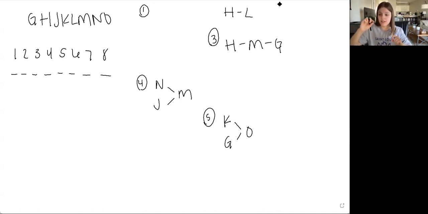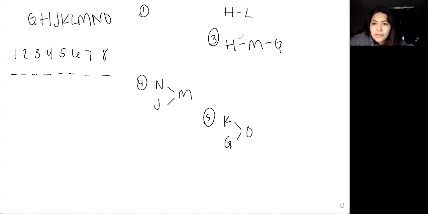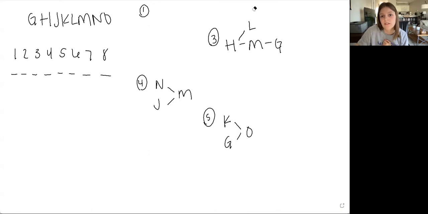So we're not necessarily moving our L, we're just moving our H. Does that make sense? Yes. So what happens is it kind of chains off like this, like a weird limb. In this case, L can go in between M and G, or could be on the end of M and G. It doesn't matter where L goes with M and G because it just has to be after H.